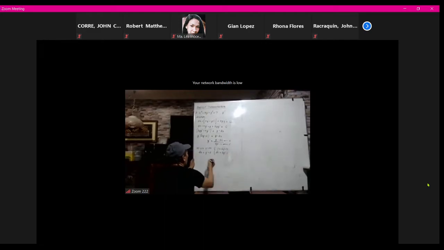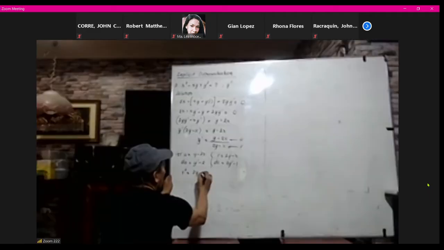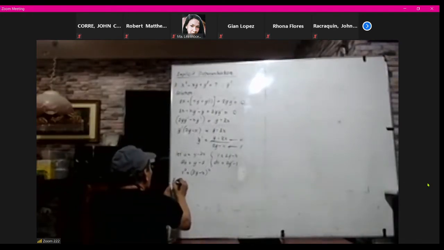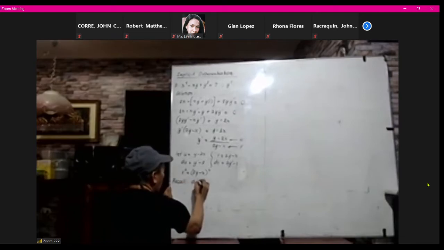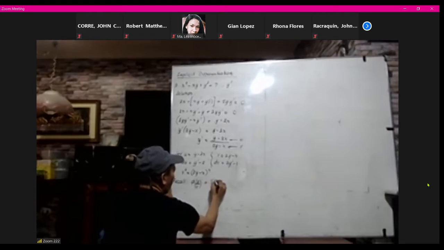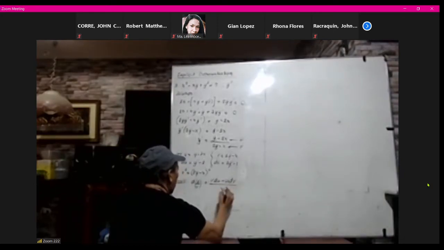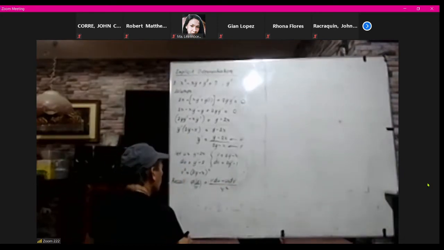Okay. While our v squared is equal to 2y minus x squared. So, apply natin ang formula. Recall, derivative of u over v: v derivative of u minus u derivative of v all over v squared. Okay? So, substitute natin ang value.